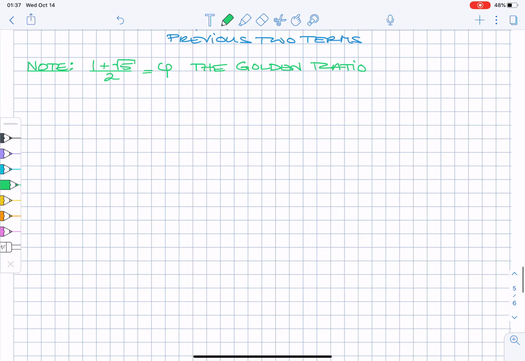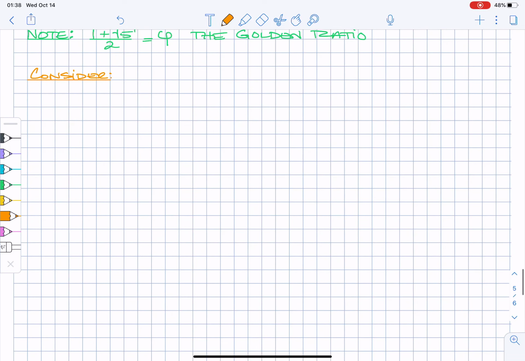So let's consider the following. If I have phi, I know that that's just 1 plus the square root of 5 all over 2. But let's say we have phi squared.